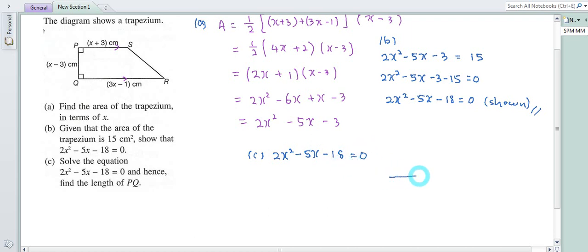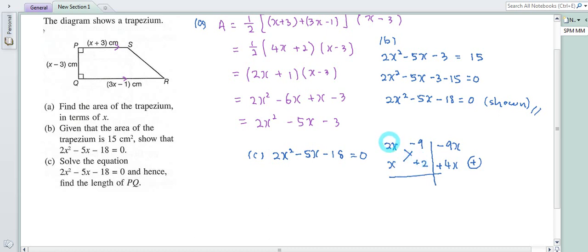Now we need to do the factorization, or you can use a calculator to help you. 2x, x. Okay, so for 18, I just choose 9 and 2. You get 4x, here you get 9x. These two add up together, you want to get negative 5x. I put negative here, positive here.